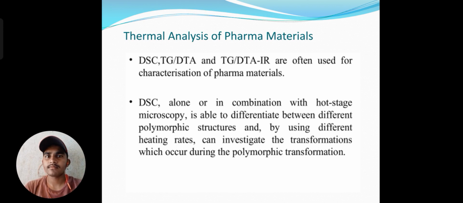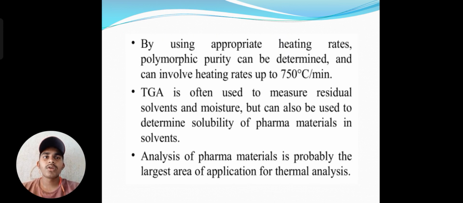DSC alone or in combination with hot stage microscopy is able to differentiate between different polymorphic structures, and by using different heating rates can investigate the transformations which occur during the polymorphic transformation. By using appropriate heating rates, polymorphic purity can be determined and can involve heating rates up to 750 degrees Celsius per minute.